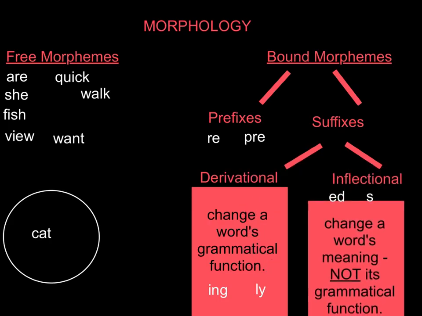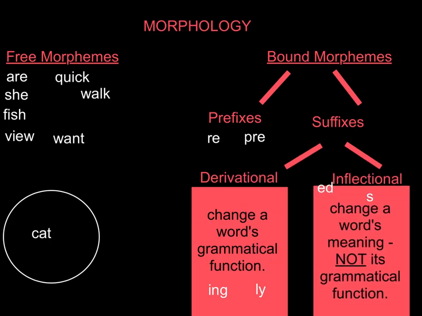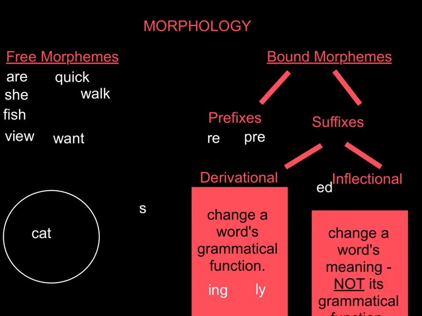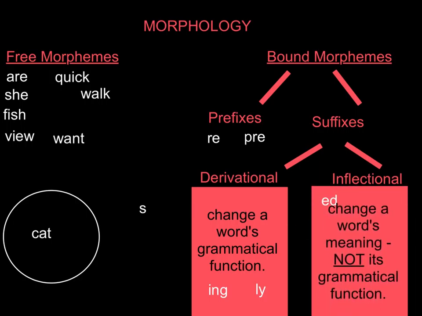And if I grab that s and add it to it, I've added that suffix to it. It's an inflectional suffix. It's still a noun. Cat is a noun. Cats is a noun. But I've changed the meaning of the word. I've gone from a singular to a plural. That's a hard dimension of our language for English language learners and students with disabilities to sometimes catch on to: how to make nouns plural and to use plural nouns or singular nouns.